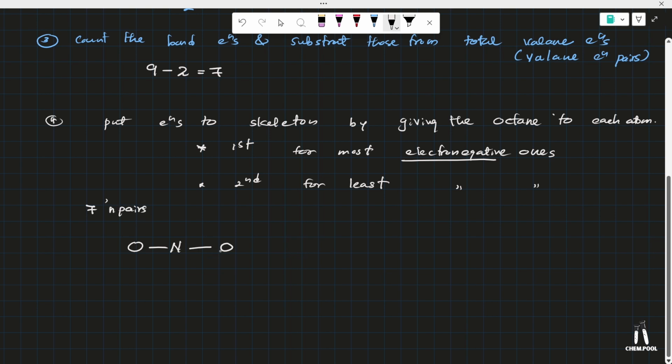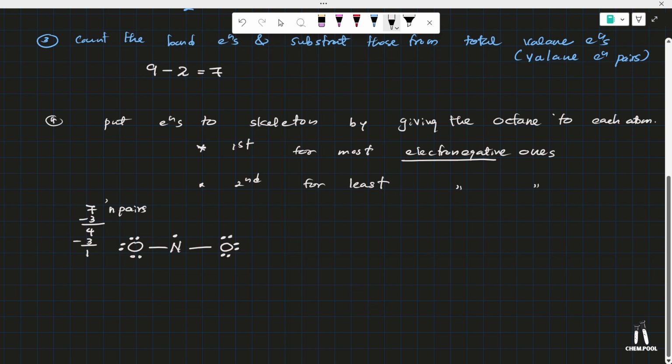Then for each oxygen now I have 1 sigma bond. That means 2 electrons. To get the octet, it needs another 6 electrons or 3 electron pairs. I put these 3. Then you can subtract these 3 and remaining 4. I do same for another oxygen atom. Then subtract 1 here.